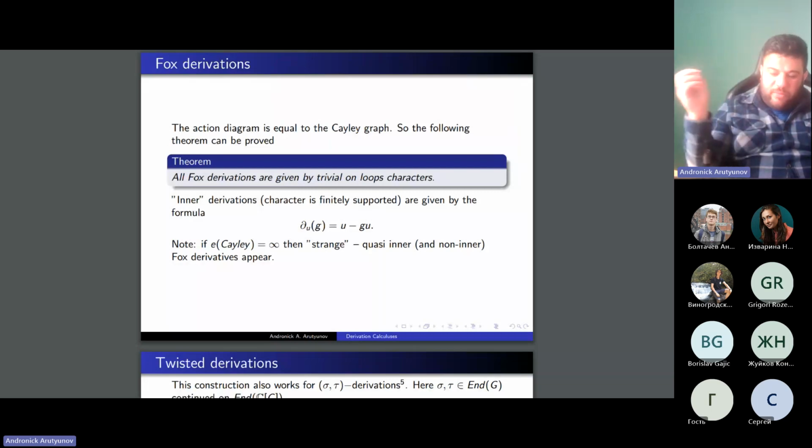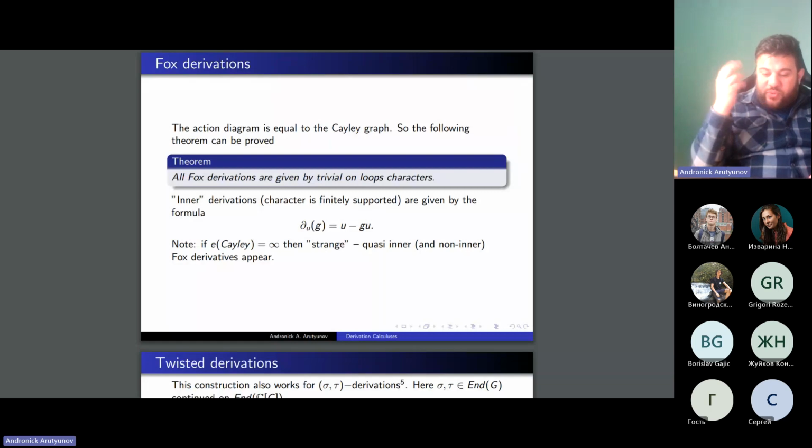You have an infinite number of elements from your group algebra and you sum them. This sum doesn't converge in terms of functional analysis; it isn't Cauchy. This is just a formal sum. And quasi-outer derivations, which are not quasi-inner, mean that the corresponding derivation cannot be written even as a formal sum of inner derivations. They are absolutely non-inner derivations.